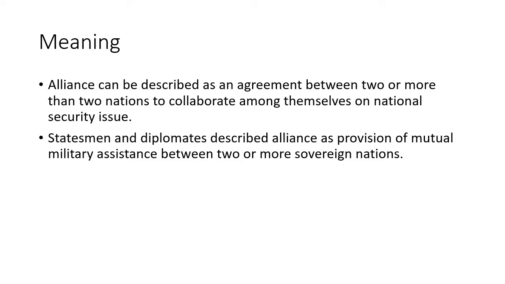Usually coalitions, pacts, or blocs are made on economic, political, or sometimes cultural grounds, but alliances are made on a military basis for security. So the element of security differentiates an alliance from a pact, a bloc, or a coalition.